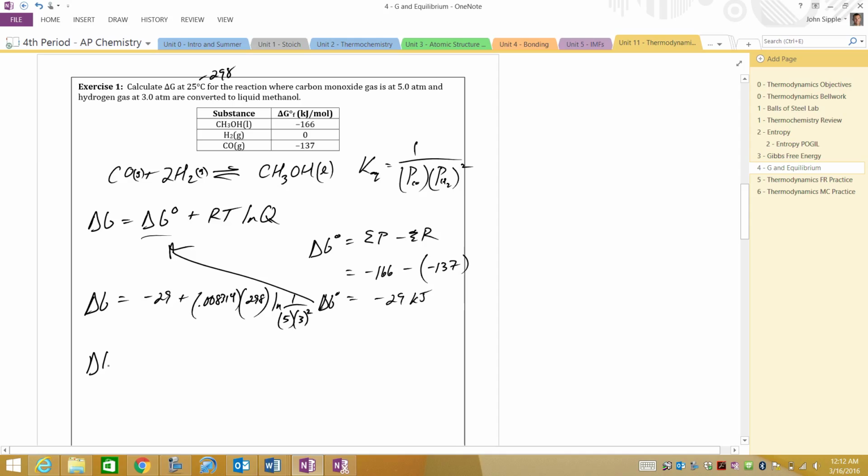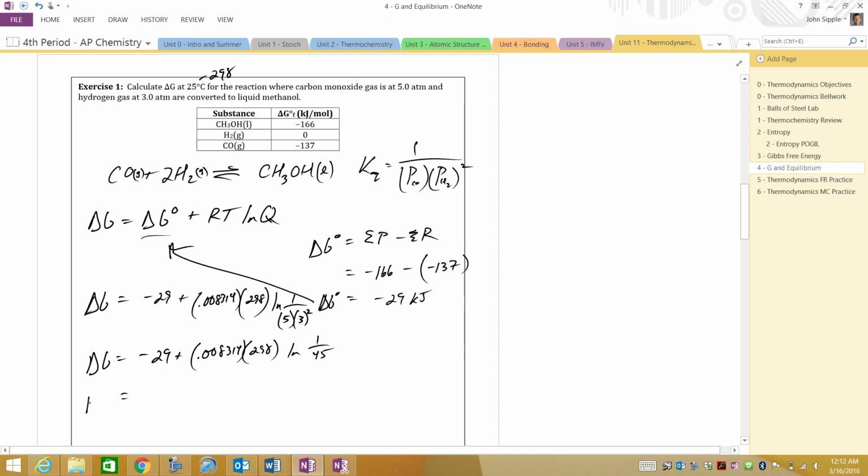So ultimately, delta G is negative 29 plus 0.008314 times 298 times the natural log of 1 over 45.